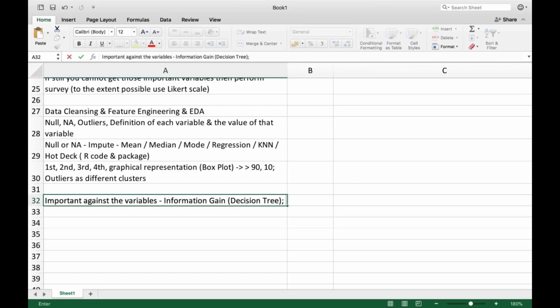Use it only to get the information about which variable is the most important. Next, you can use lasso regression or ridge regression, or you might want to use your domain knowledge.